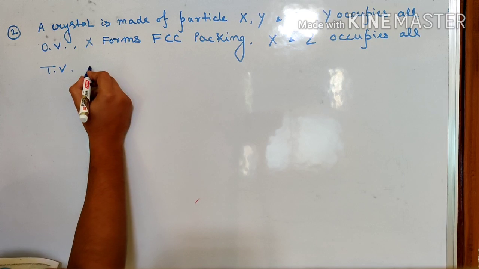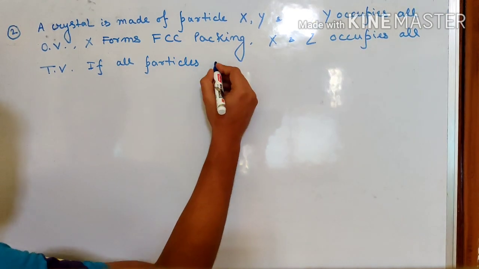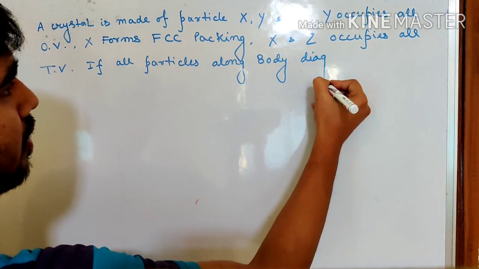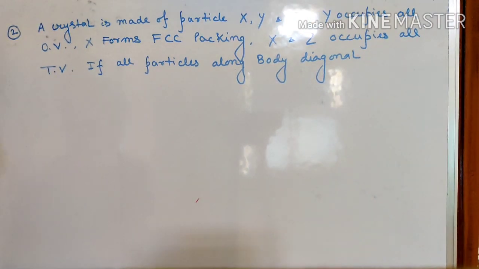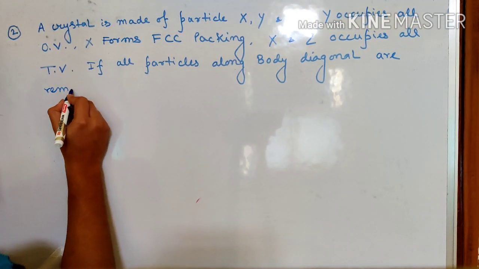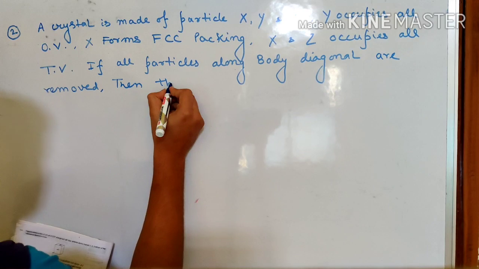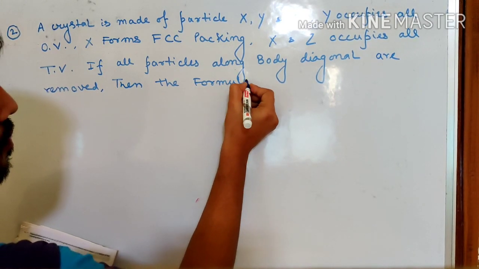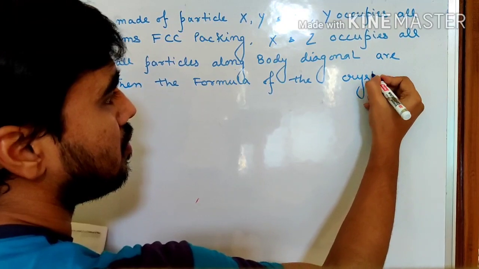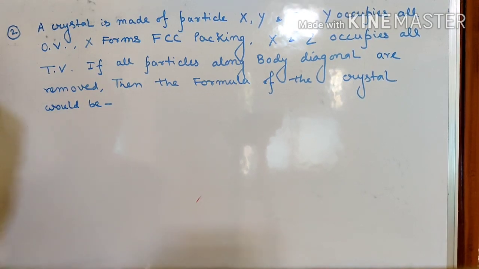Now, if all particles along the body diagonal are removed, then the formula of the crystal would be, options are given.